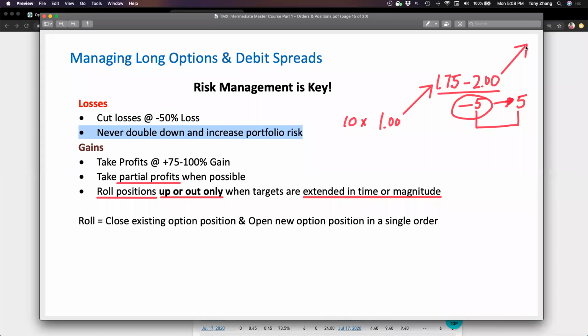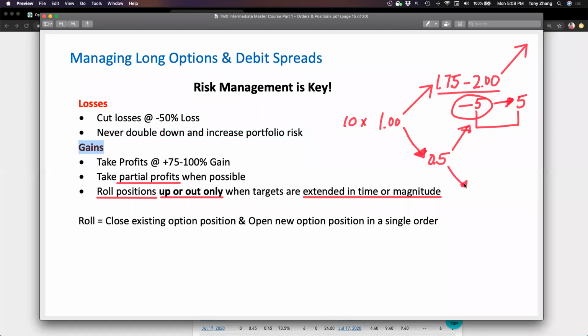And I can't speak enough of how many times I see people who roll a trade that's a losing position instead of a winning position. What this ends up happening is that's really where you could lose big, because something that originally didn't go in your favor, you're trying to make back your losses. So you roll that position. Next thing you know, instead of the stock moving higher, it continues to move lower.